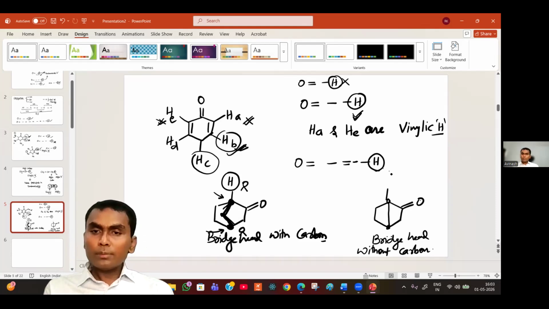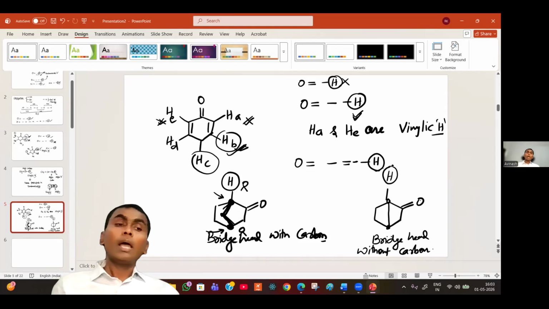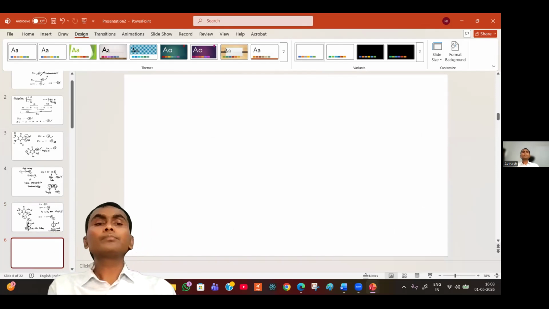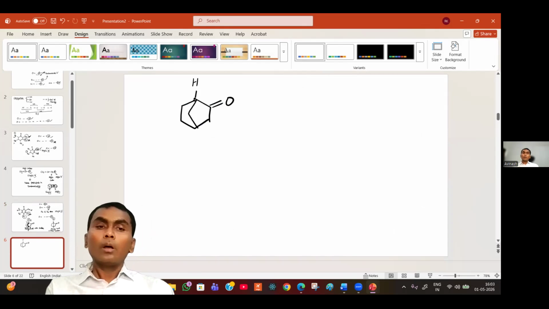This is also hydrogen. As we know that on a bridgehead, this one, on this bridgehead, what type of bridgehead is here? Bridgehead with carbon.